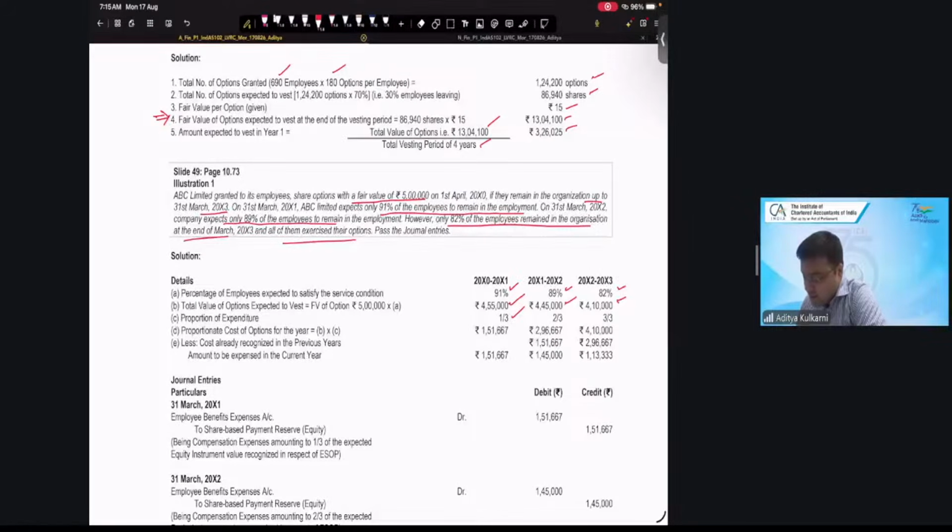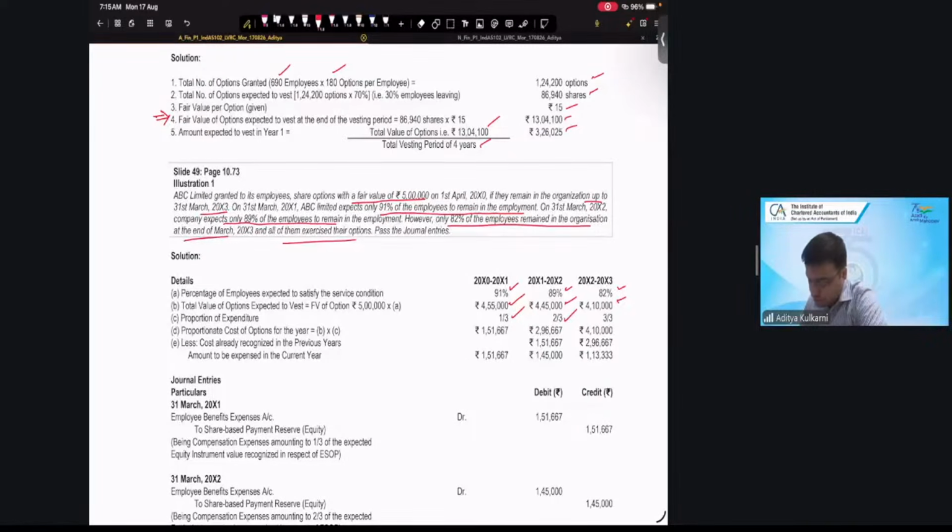In the second scenario, 4 lakh 45,000 is basically your expense, and this is to be borne in the ratio of 2 by 3. Yes, 2 by 3. That is, 3 years life and 2 years vesting, 2 years for the current period.